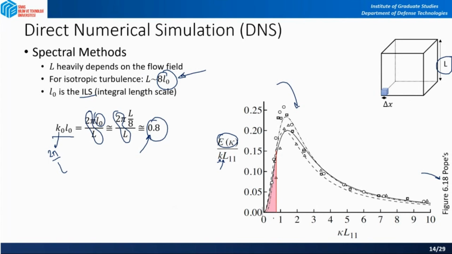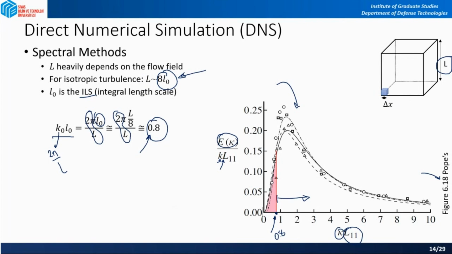The x axis is actually this thing, K times L. And if you check 0.8, this is 0.8 in here. This is marked with this red line in this figure. So this means that if you include all the wave numbers, I mean K times L values that are larger than 0.8, you're actually resolving most of the energy in the flow field.